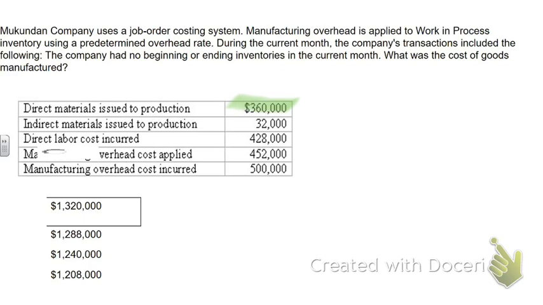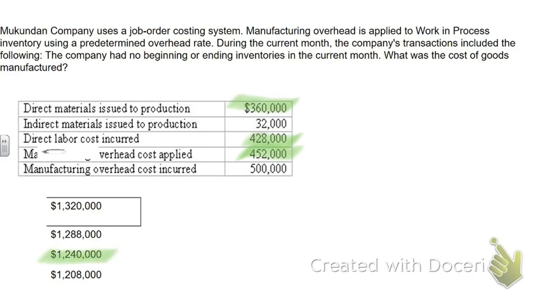I'm going to add my direct labor. I'm going to add then, okay, my manufacturing overhead, and I'm going to add the amount that was applied, because that's what's going to be in my cost of goods sold. So I'm going to take 360 plus 428 plus 452, and that will give me 1,240,000.